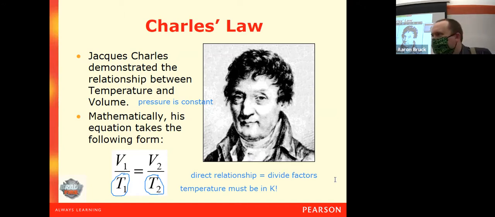If I use Celsius, well, if I put a negative value in for T1, that means that potentially I have a negative volume, which doesn't make any sense. And let's not even get started on if one of those temperatures is 0.